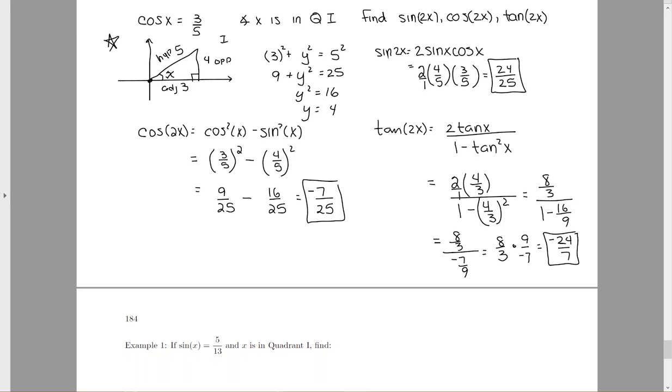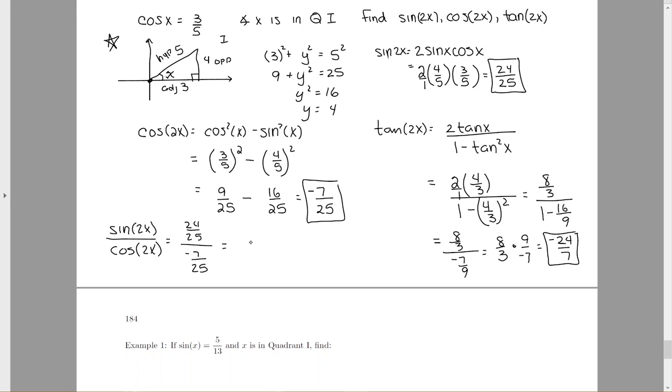Now here's the kind of cool thing, like if math is cool, here's the cool thing. Tangent 2x, excuse me, is sine 2x divided by cosine 2x. So I could have saved myself a little bit of hassle here and just taken sine 2x, which was 24/25, and divide it by -7/25.